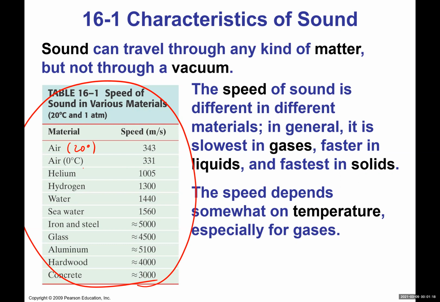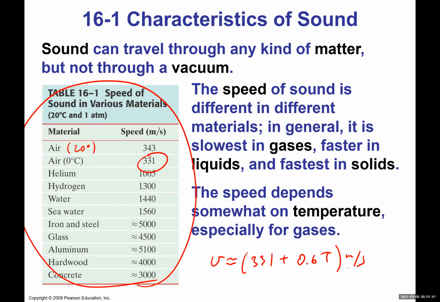That means generally the speed changes with temperature, and there's an equation where we can take the speed to be approximately 331, which is at 0 degrees Celsius, plus 0.6 times T meters per second.